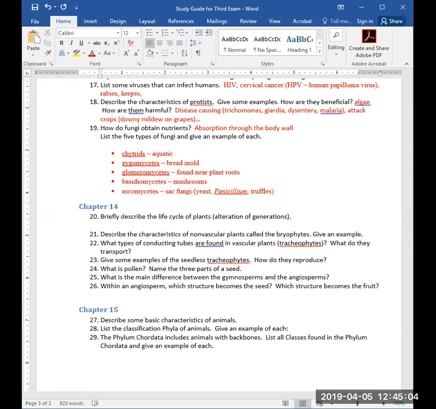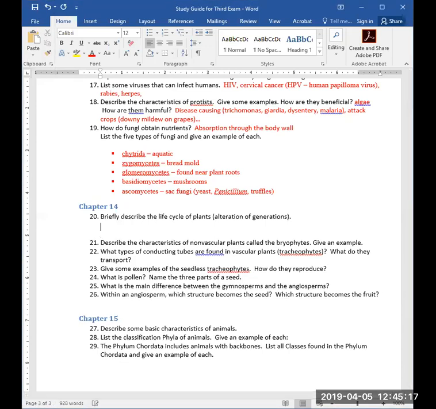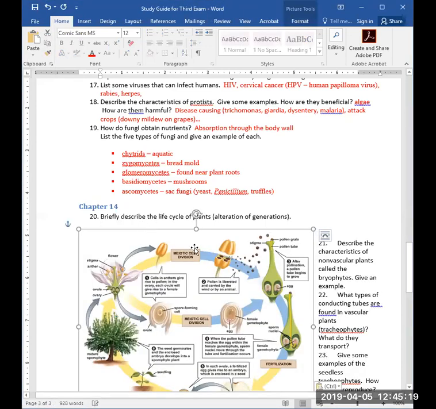But the cool thing about the plants, maybe we'll just finish here, the alternation of generations. Let me bring up the little picture. Oh, I do have an alternation. So what are the 2 forms?